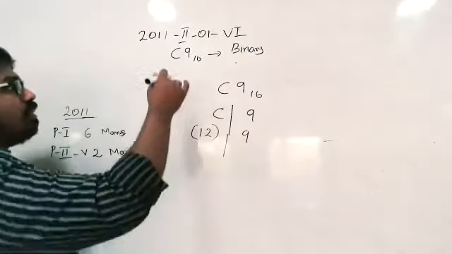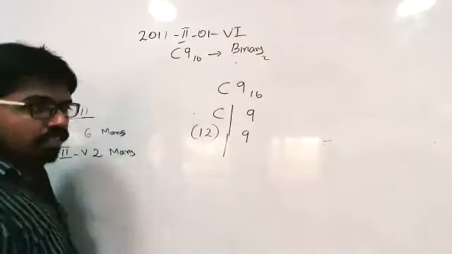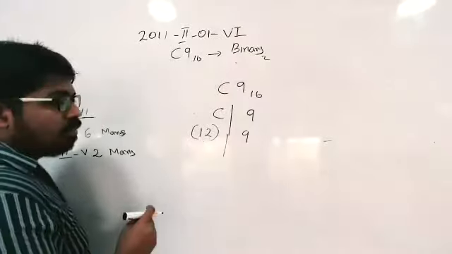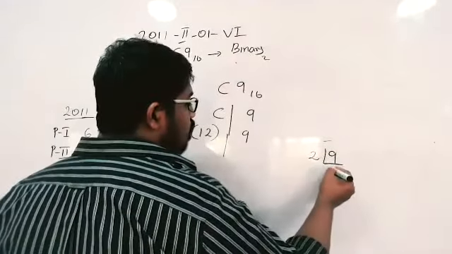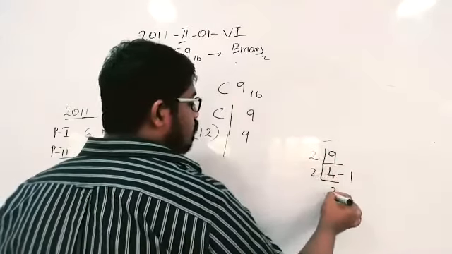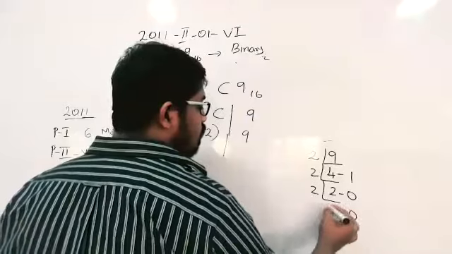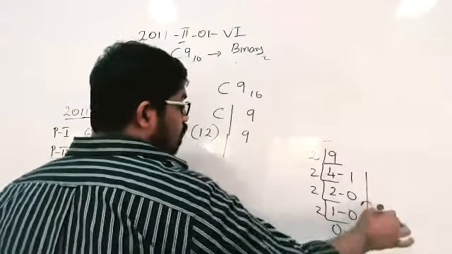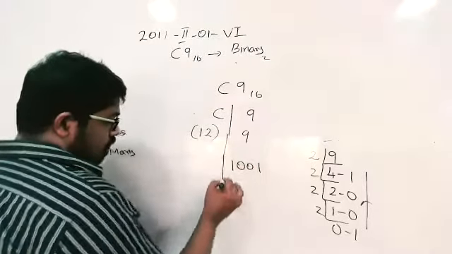When you are converting a hexadecimal number into a binary number, you have to write each digit in 4-bit binary format. When you divide the number 9 by 2, it is 4 remainder 1. Again by 2, it is 2 remainder 0. Again by 2, it is 1 remainder 0. Again by 2, it is 0 remainder 1. So the answer will be 1001.